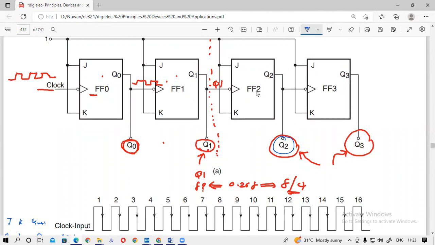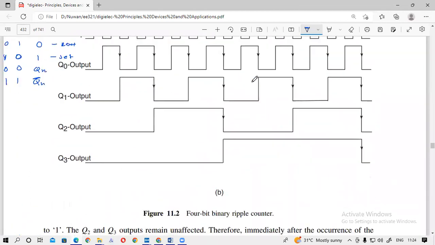If you consider FF2, the input clock will be the Q1 signal, no? So for FF2, the clock signal is the output of Q1. So what is the Q1 waveform?